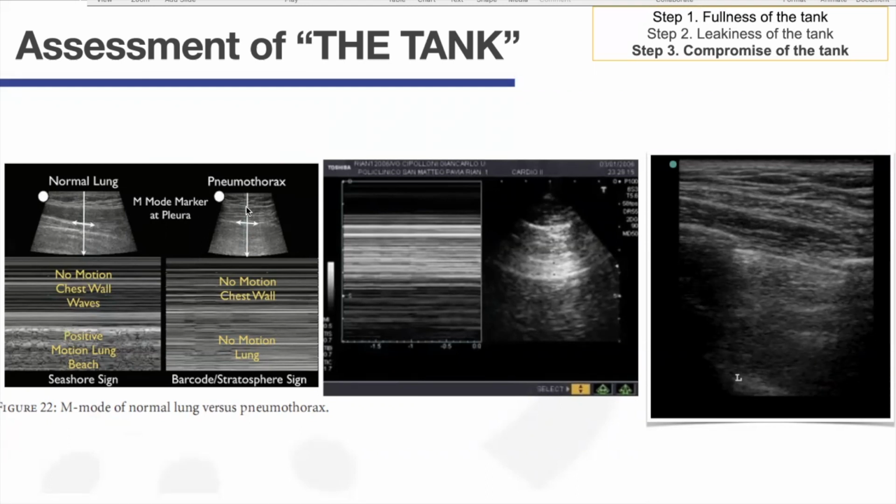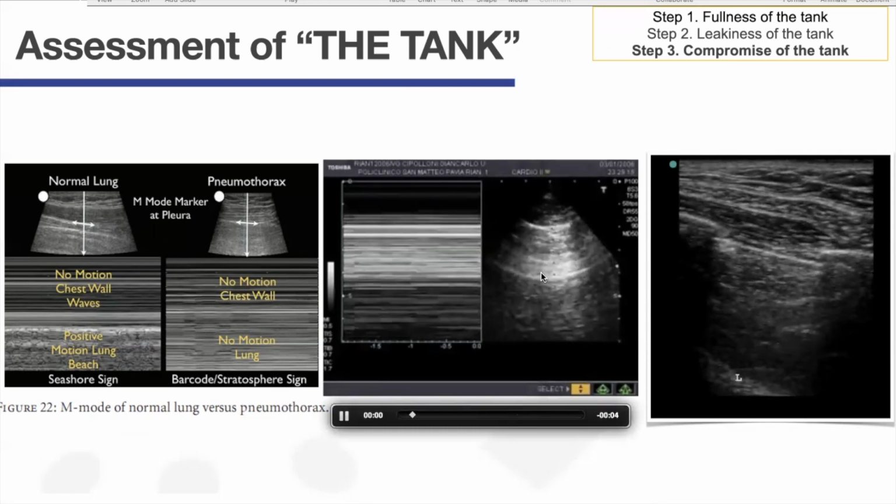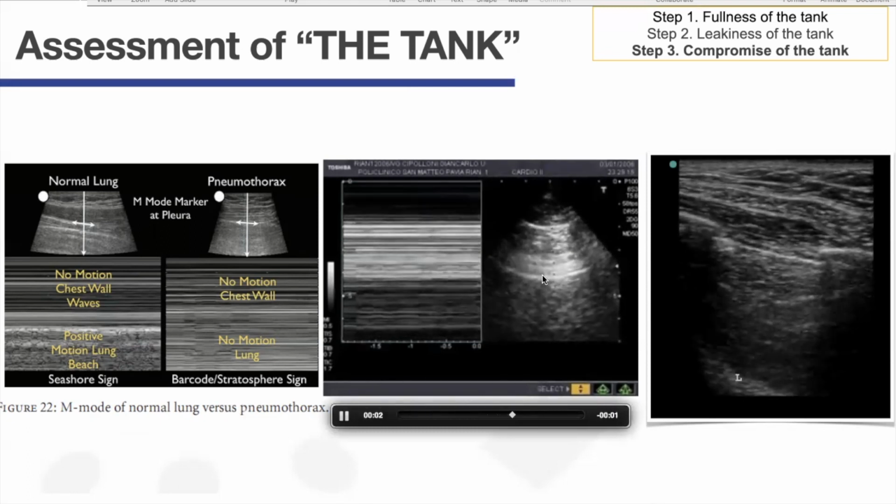As opposed to that, if the patient has a pneumothorax, there will be no sliding sign, and in M mode it will be a barcode sign or stratosphere sign. So this shows a stratosphere sign in a patient.